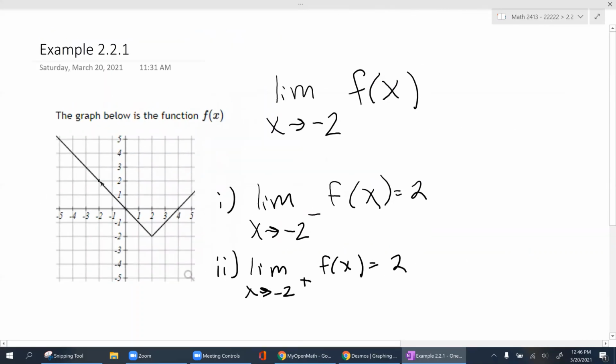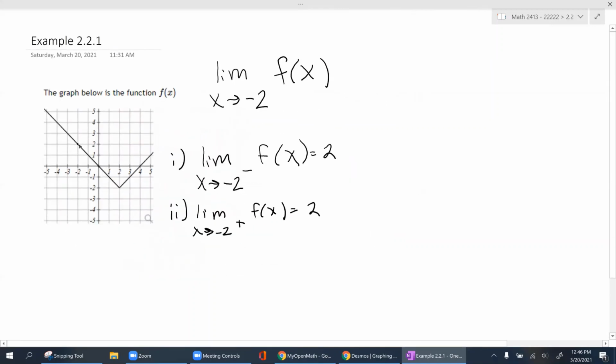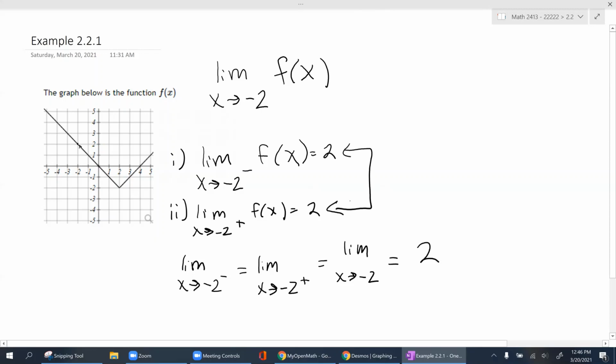Since these two are identical, the limit as x approaches -2 from the left is equal to the limit as x approaches -2 from the right. That must mean it is equal to the limit as x approaches -2 from both sides, which is 2, because these two were identical. Call this A. So my answer is 2.